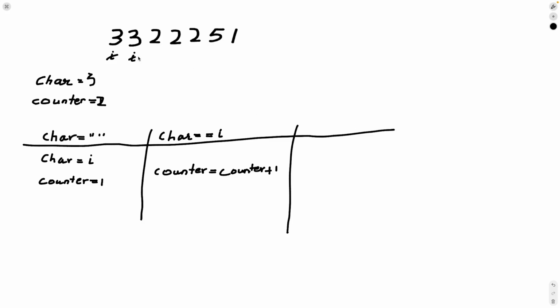Now when I move my i to the next position, what's happening? 2 is not equal to 3. So I need to check another condition, and that will be if my character is not equal to the value at i. Then what will I do?